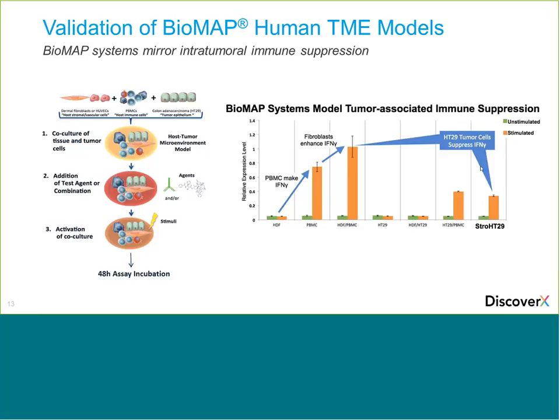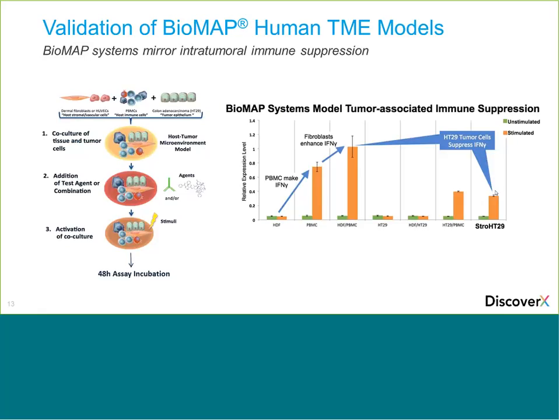However, what's striking is that once we add the cancer cell line, the HT29 cell line, to either the co-culture of fibroblasts with PBMCs or to just the PBMCs alone, we can see a strong suppression of this interferon gamma response.